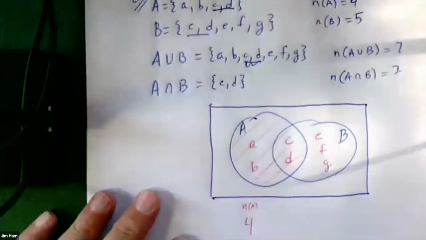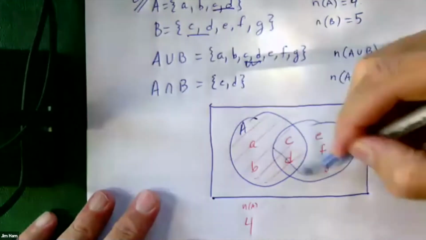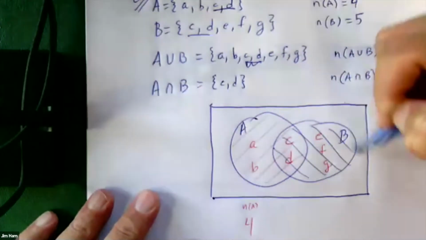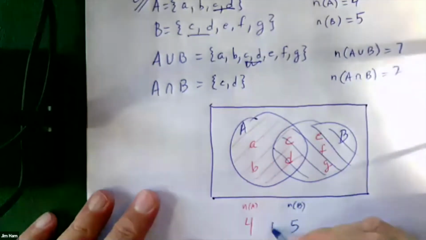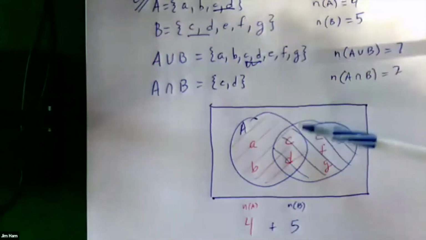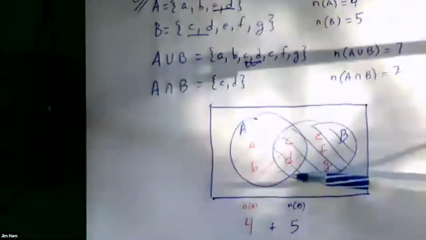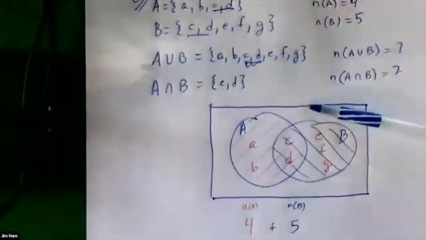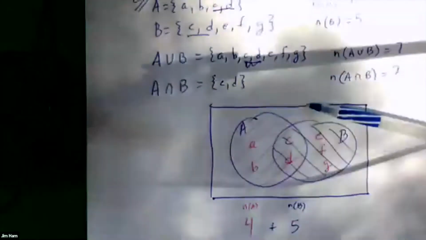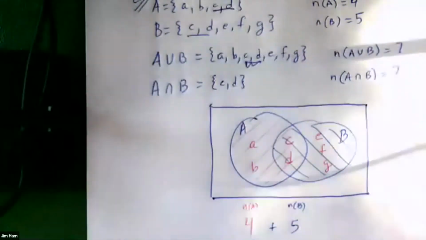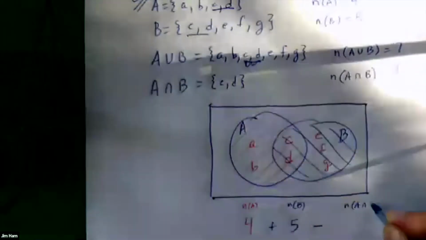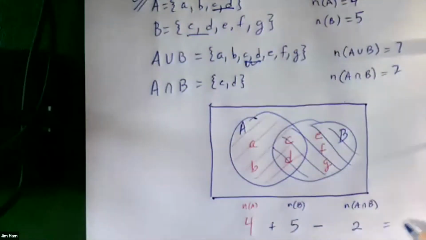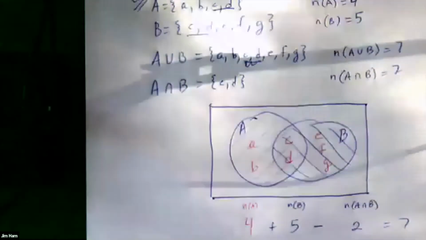And if we then add the elements in B, we get 5. But notice that this middle chunk in the intersection was counted twice. We don't want to count it twice, we only want to count it once. So we subtract the number in the intersection, and that's 2. That's how we get the number in the union.